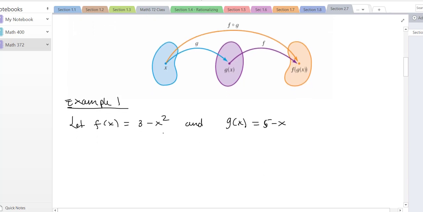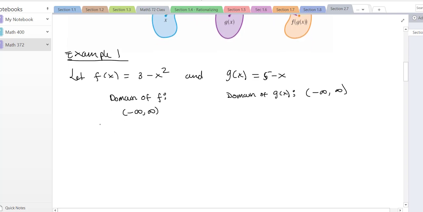These are both polynomials, right? f is a quadratic, and g is a linear function, so the domain of f will be all real numbers, minus infinity to infinity, and same thing for g. So the domain of g is also all real numbers. When you intersect those, you get the exact same thing.